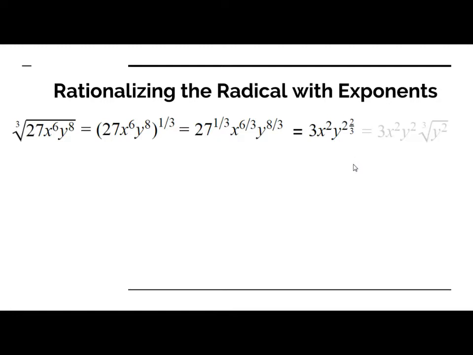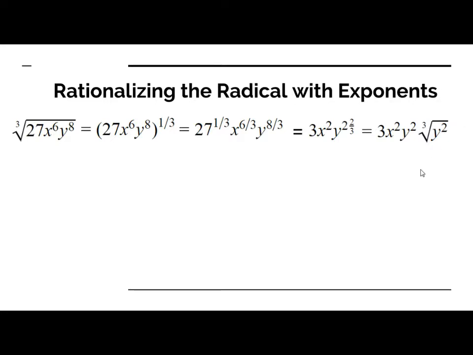The way we would finish this is like this, and I'm going to give you a visual of how that happened in a second. But with this 8/3, there's basically 2 full groups of 3 y's. Here's that y squared, 2 full groups of 3 y's, and 2 left over. So that's where this y to the second power is in here. There's 2 leftover y's under the cubed root.